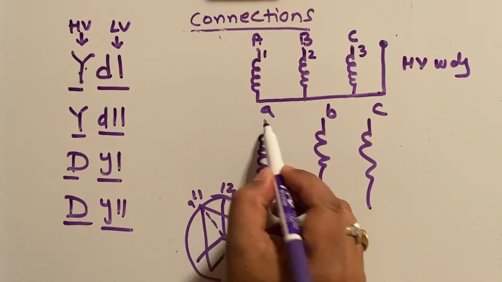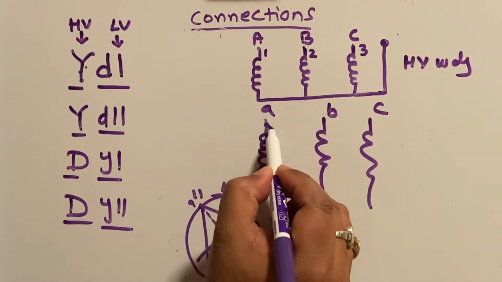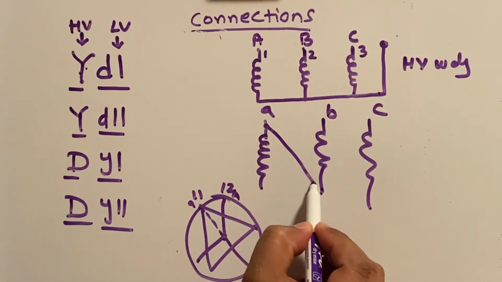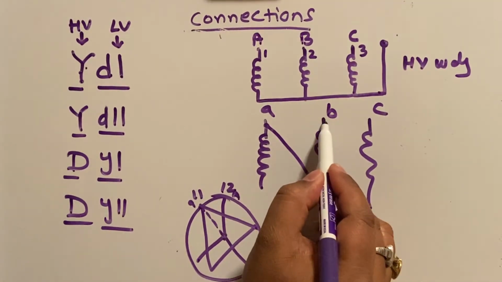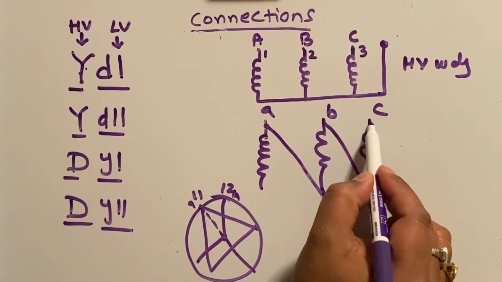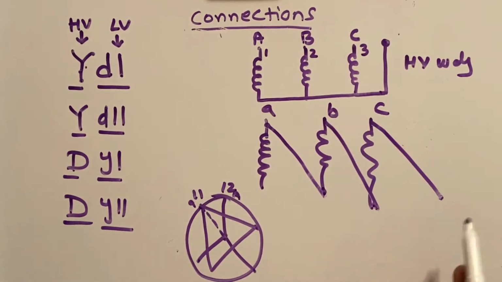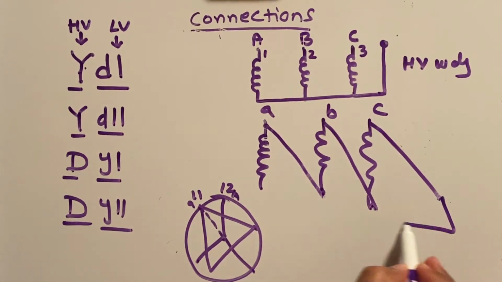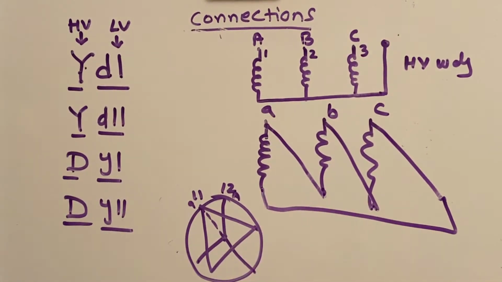So we'll start from here, assuming this is 11 point, and we'll drag this towards the right hand side. So it will join B. Now similarly, start for B, it will be C. Similarly for C, you will drag this towards the right hand side, but there is no coil here, so automatically it will go to the bottom of A. This is how you're going to make YD11.